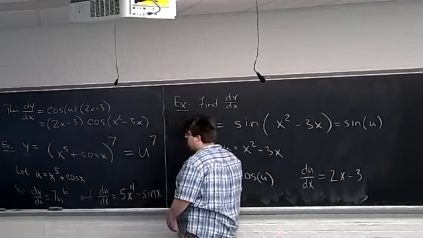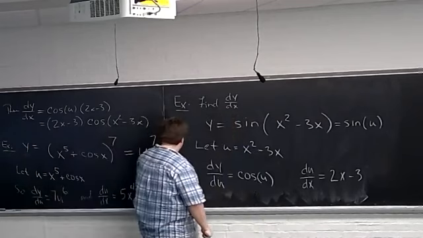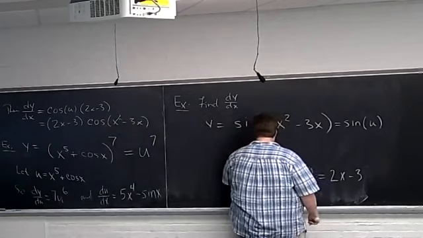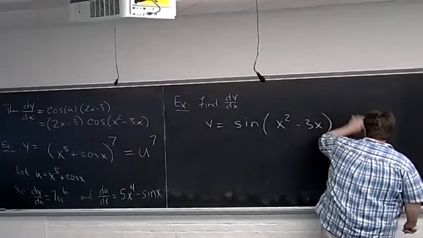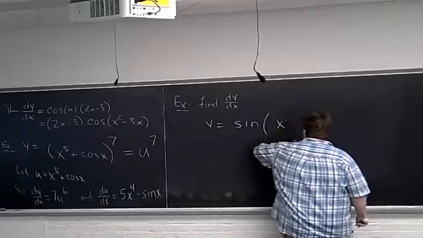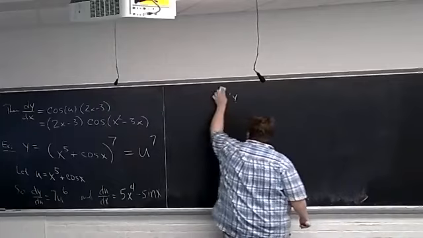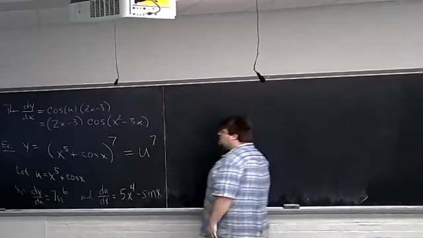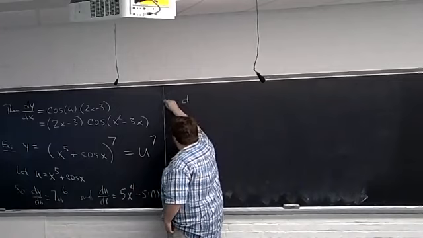The derivative of sine is positive cosine, but the derivative of cosine is negative sine. So dy dx, which I didn't write the directions, all of these are going to be find dy dx.